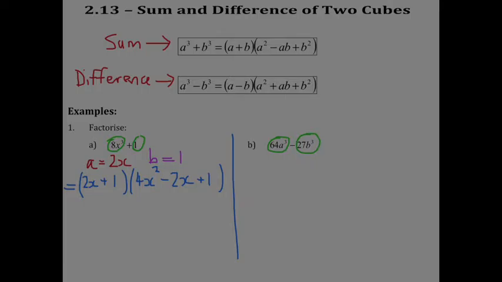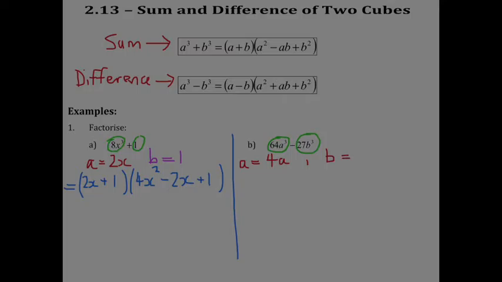So what's my value of a? Well, I know 4 times 4 times 4 gives 64, or you do the cube root of 64 on your calculator, and so you end up with the cube root of 64a cubed is 4a, and that's because 4a times 4a times 4a gives 64a cubed.